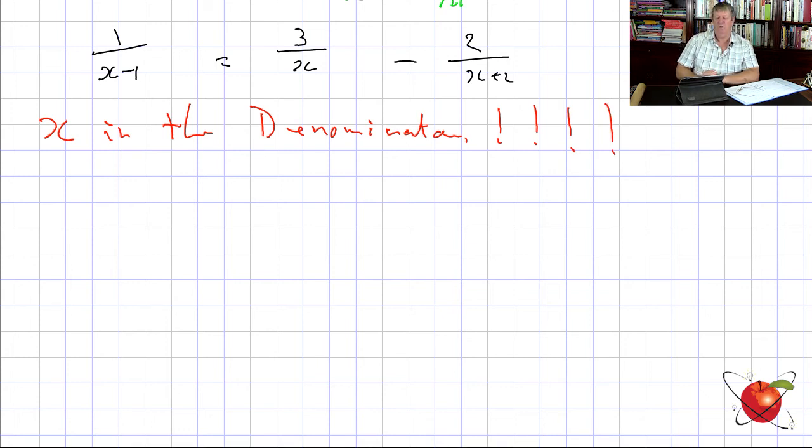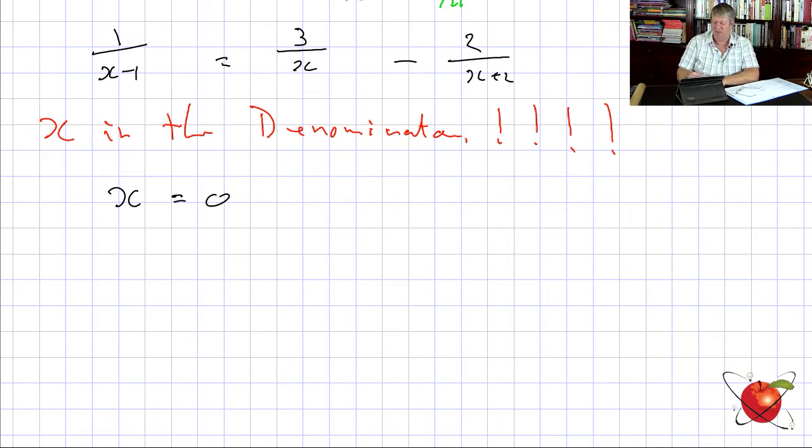Well, what if when we solve the equation, we get an answer x equals 0? We solve the equation, we do everything correct, and all our arithmetic and our processes are correct, but we get an answer of x equal to 0.